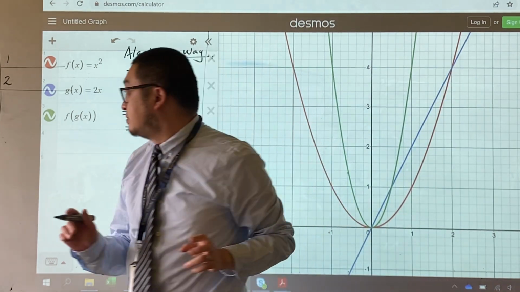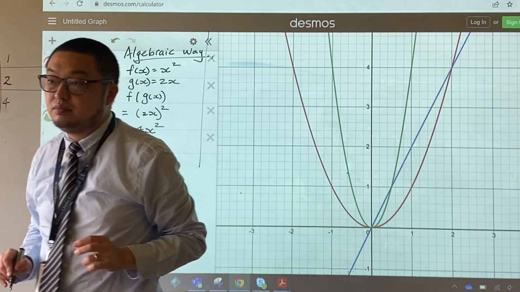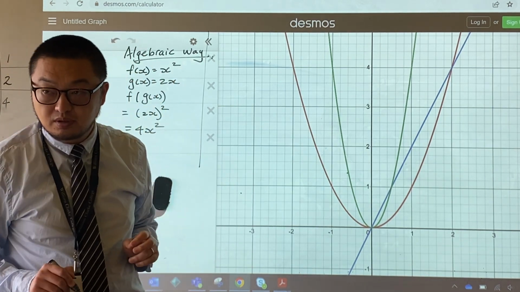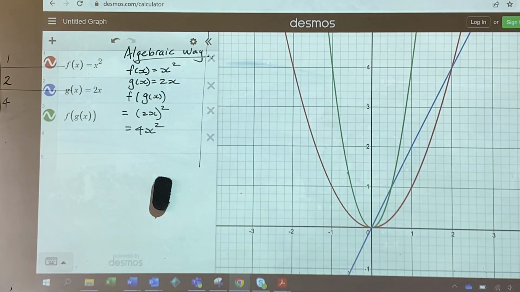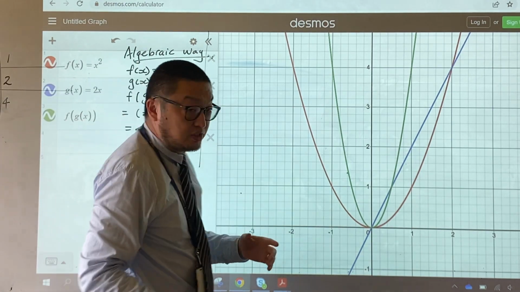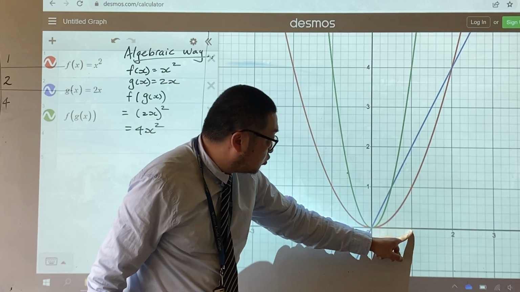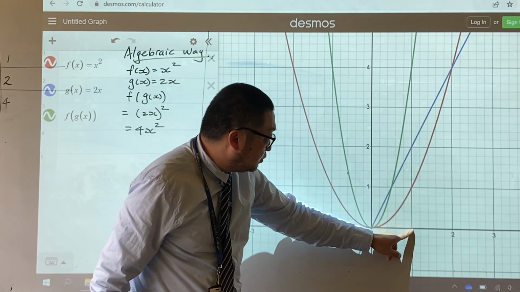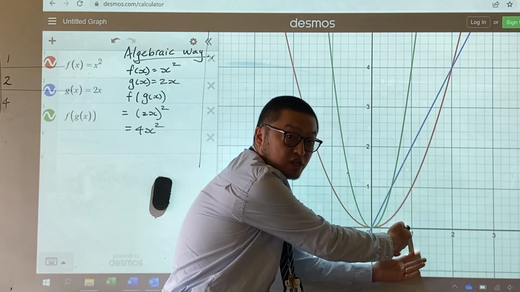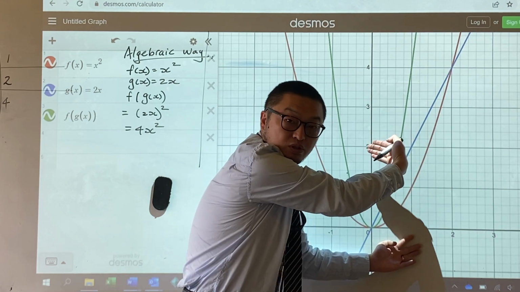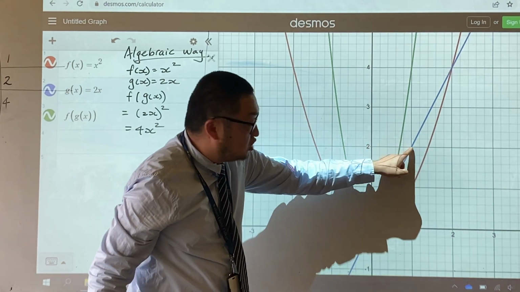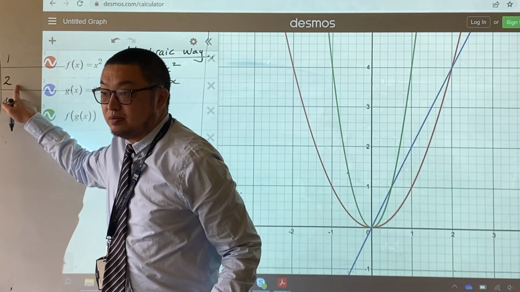So we look at the blue line for the first one, but in the second one we're looking at the red line. Correct. So I just repeat again. That's the input: x is 1. When x is 1, g(x) is 2. X is always the input, y is always the output. That part is done.